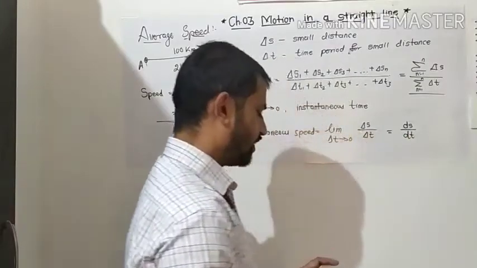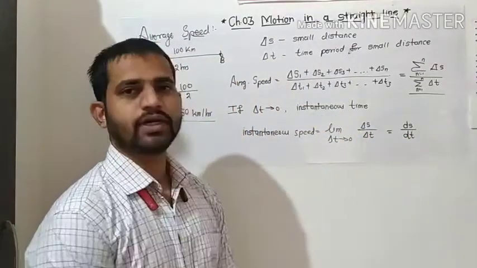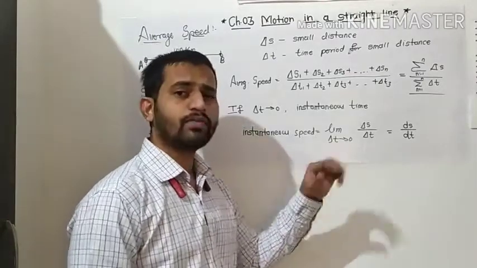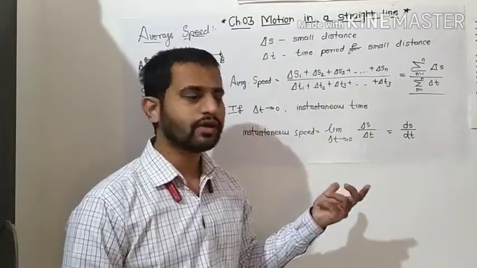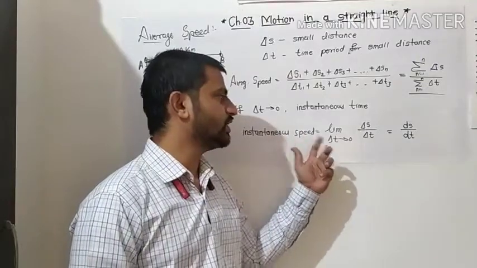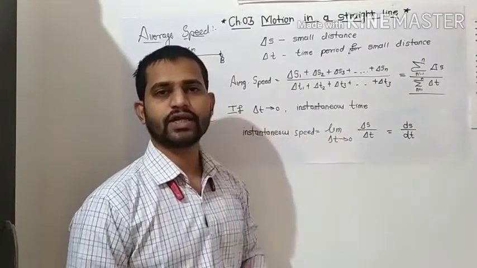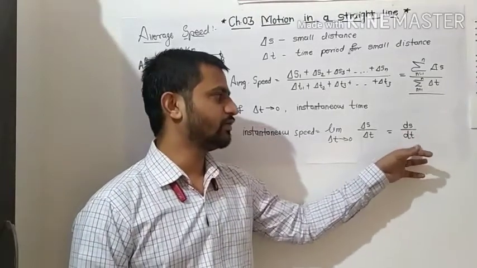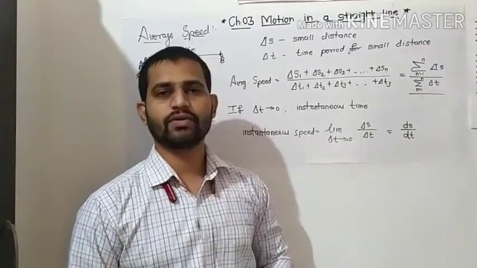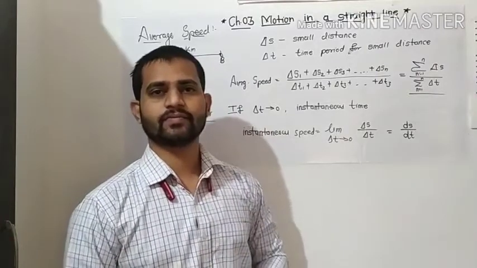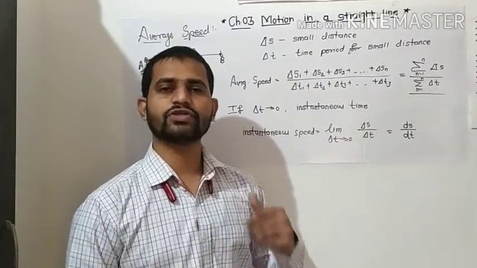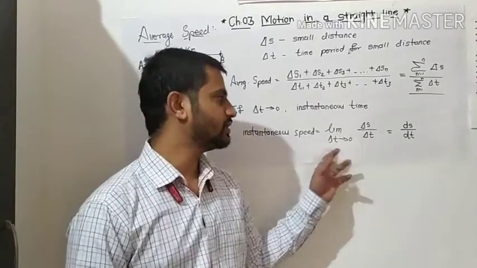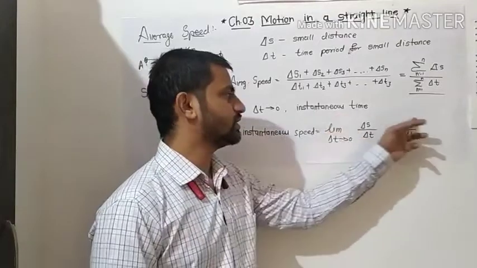As we are considering the time interval almost approaching 0, we can get the instantaneous speed, and to calculate it we write ds upon dt, where dt is the time interval for a very small time, almost approaching 0. Then such a type of speed is known as the instantaneous speed.